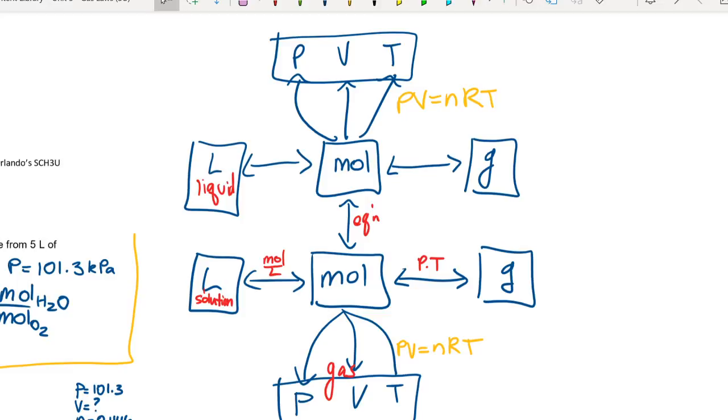So let's take a look here. We're starting with grams of oxygen. So we're going to go from grams of oxygen to moles of oxygen. And then eventually we want to know how many liters of water. To get to liters of water, we have to go through moles of water.